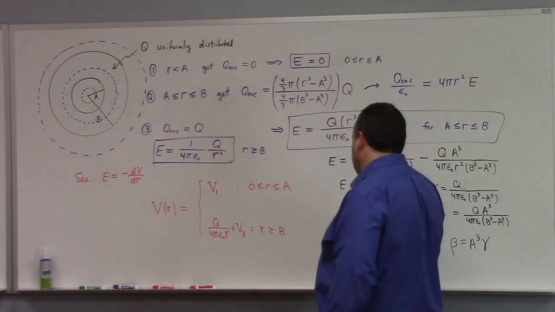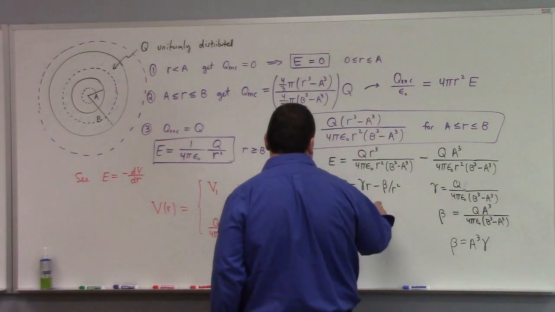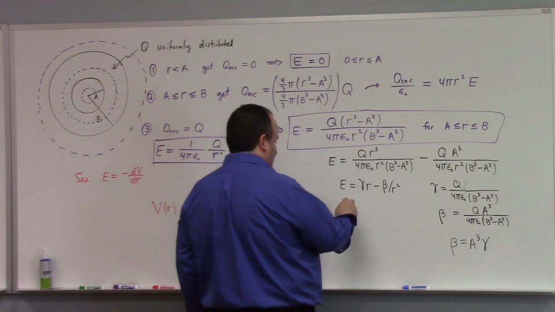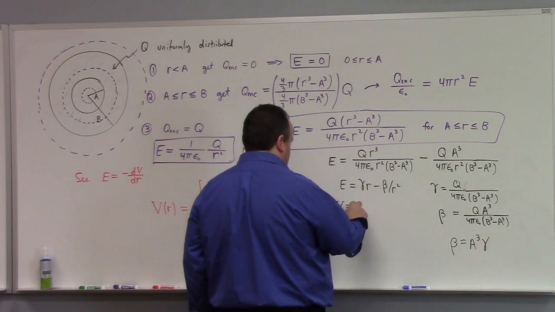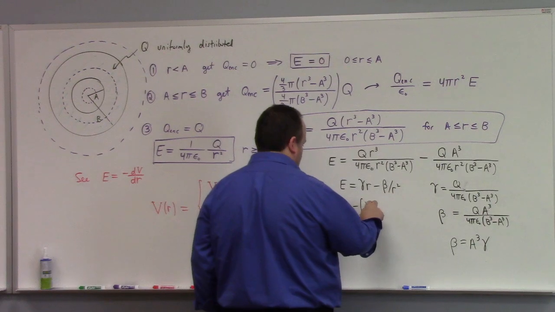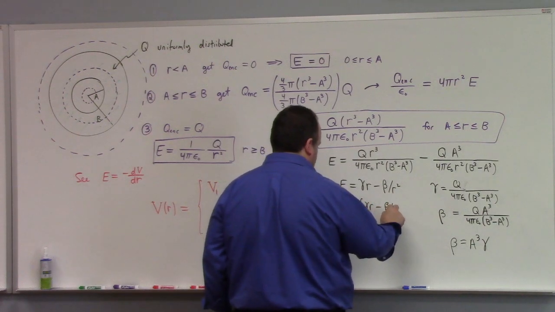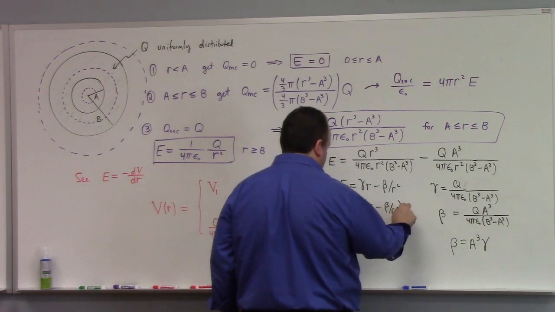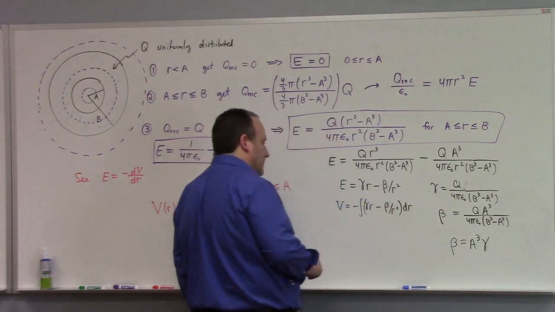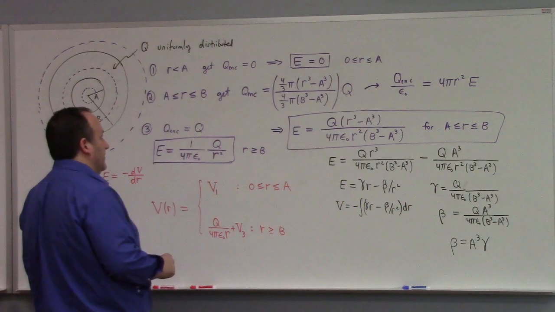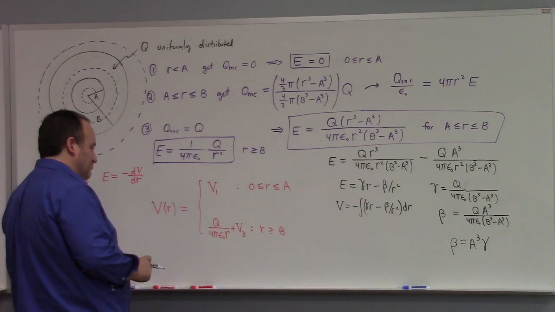If I want to integrate this, the voltage is minus the integral of gamma R minus beta over R squared dr, because I need to integrate to find the voltage.